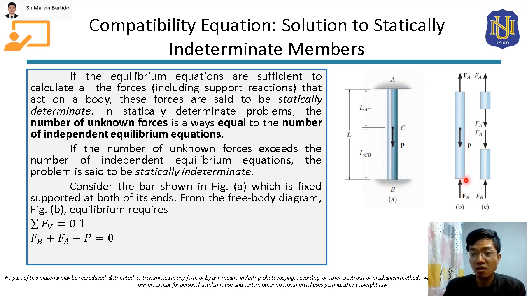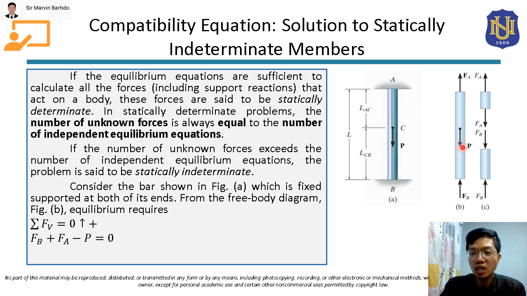They will all be zero. And even if we take moment at any point outside the line of action of these forces, the moment equation that we can generate will just be equivalent to this equation. So this is the only equation that we can generate, and since that is the situation here, this type of problem is called statically indeterminate, since the equilibrium equation is not sufficient to determine the two reactions on the bar.